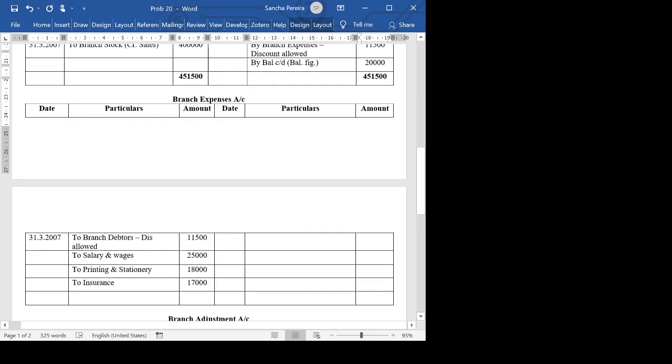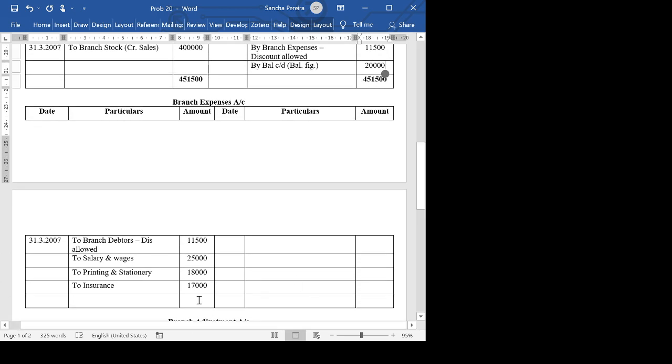Similarly, for the branch expenses, we total all the expenses. The total of this would come to 71,500.